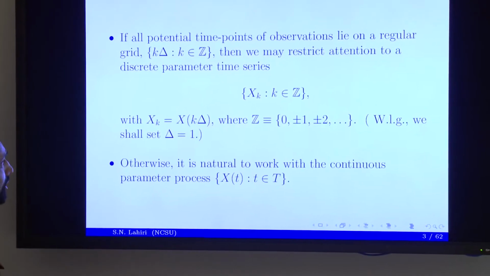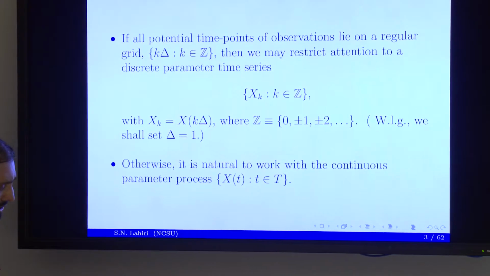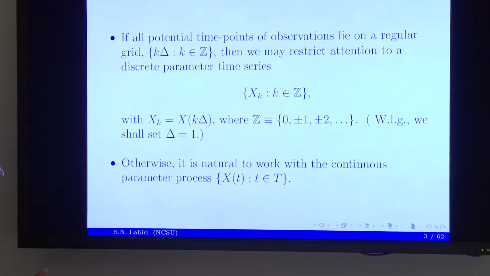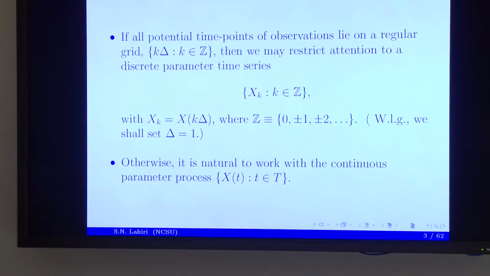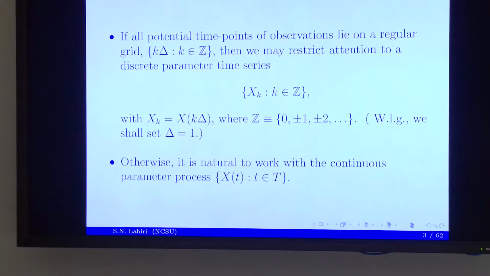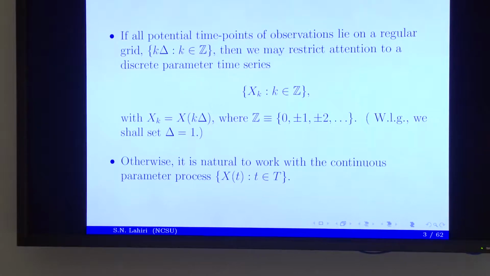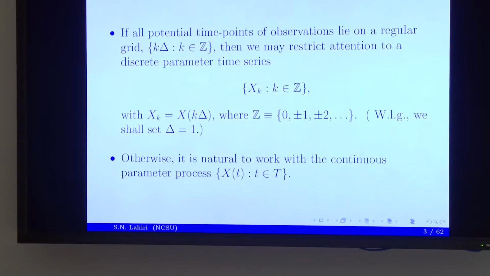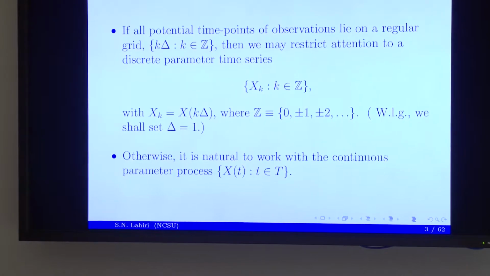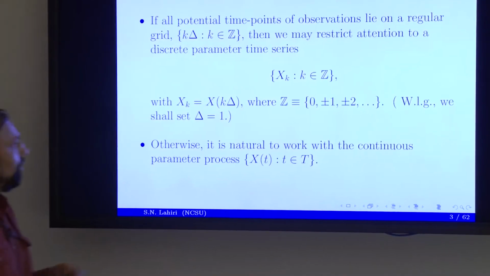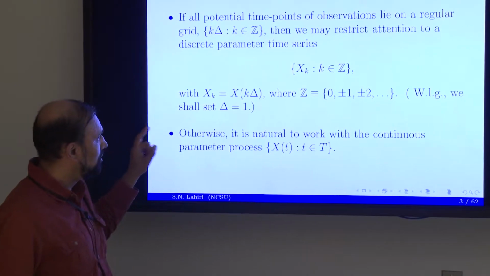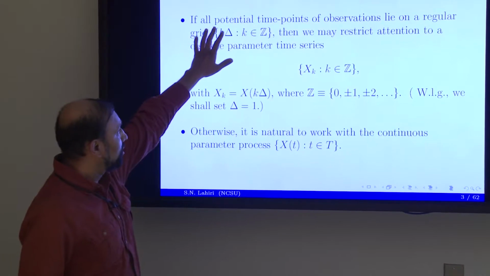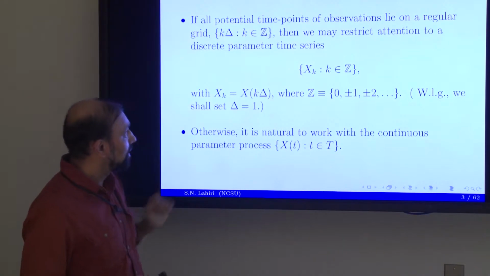Before we get into unevenly spaced, perhaps we need to look at when, if you are given time points t1, t2, tn, it is reasonable to assume that the underlying process is supported on this integer grid.